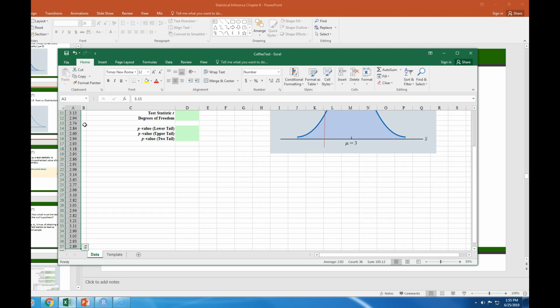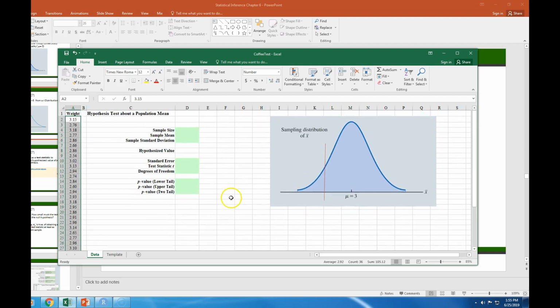In this case, we will end up doing a one-tailed test and specifically a lower-tailed hypothesis test because we are setting up our null hypothesis to be the mean value greater than or equal to 3 pounds, and the alternate hypothesis being the mean value being less than 3 pounds.